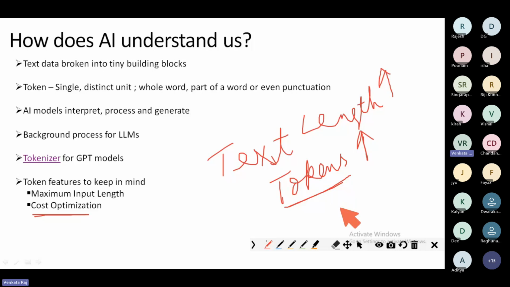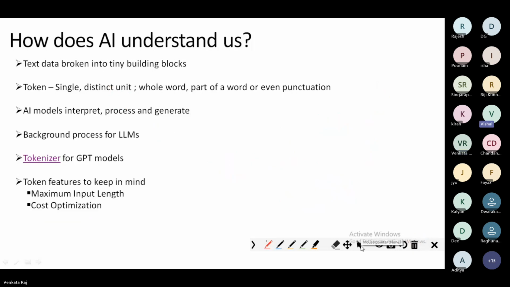I have a question. Yes, tell me. So these token lengths would be defined by the developers, right? It will depend on model to model. Okay, so consider we are using ChatGPT. We are not aware of the maximum length of our input.